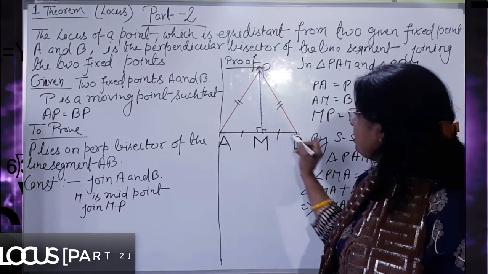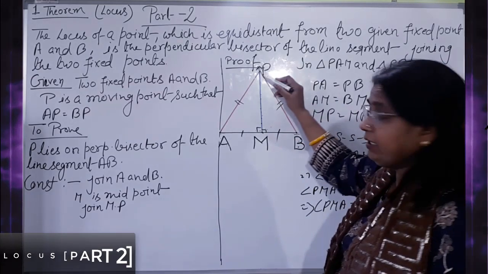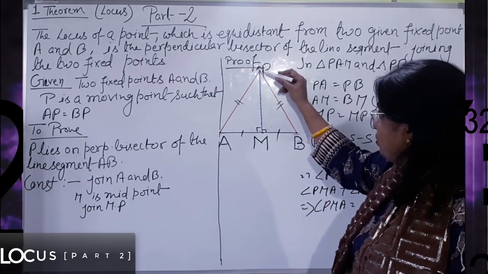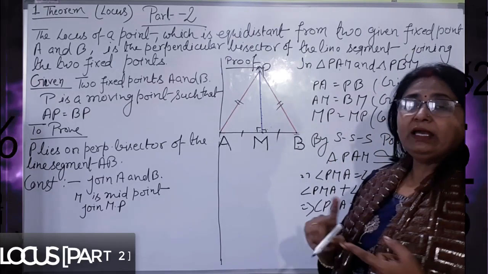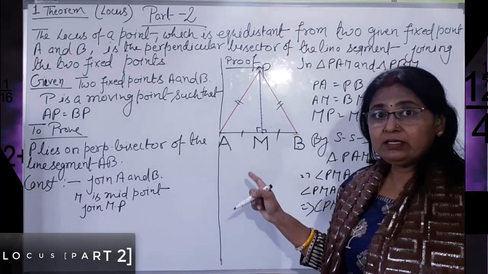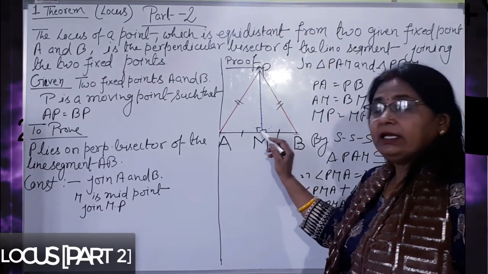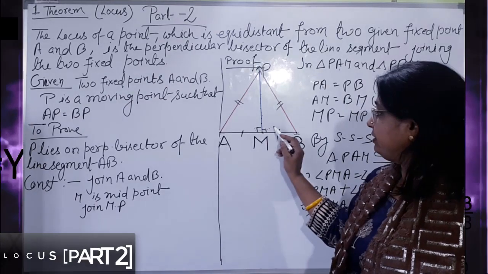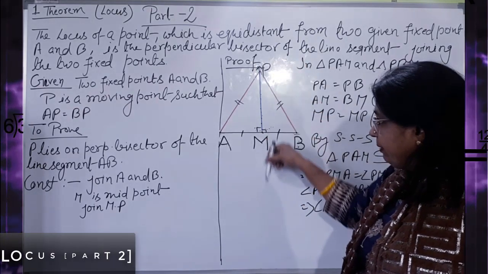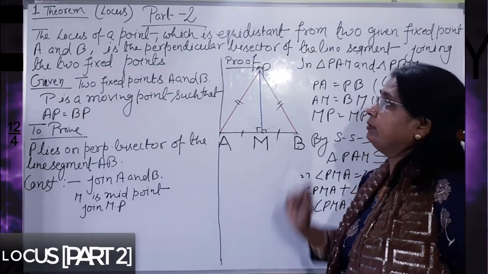So AM is equal to MB, also given. AP is equal to BP, given. Both are given, and this one is common. So by the SSS postulate, both triangles are congruent, and then this angle is equal to this angle. It is 90 degrees. That's why it is the perpendicular bisector. That was to prove. It is your theorem.